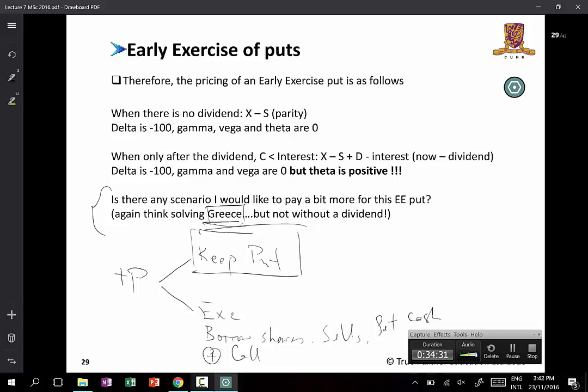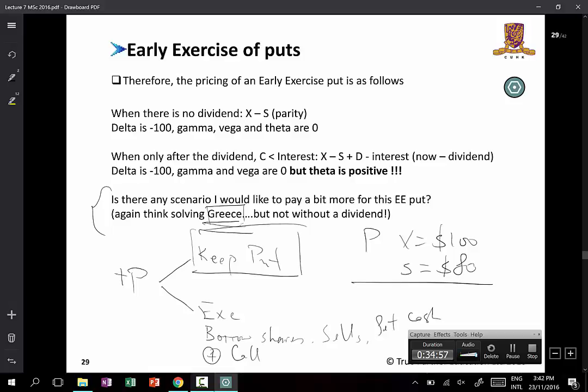First of all, you have to remember that if you are long an option, let's say you're long a put and the strike price was 100, and let's say the spot is now 80, so it's deep in the money and you're very happy about that. In fact, it's so deep in the money that I can tell you right now that the premium would be approximately $20.